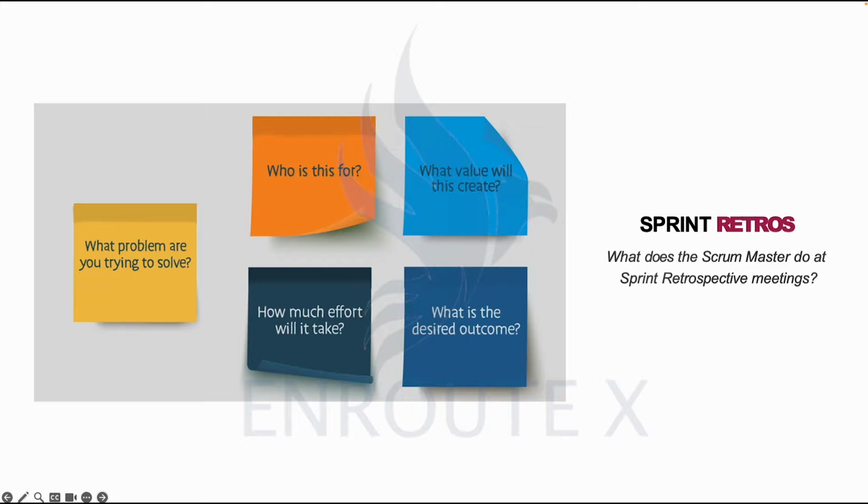Under the 5 events in Scrum, we looked at what happens in the retro. Retro, of course, is also called retrospective. And in that particular class, I mentioned that we should refer to it as the sprint retrospective meeting, not just retrospective meetings, because retrospective meetings could come up for other reasons. But this one in particular is for the sprint.